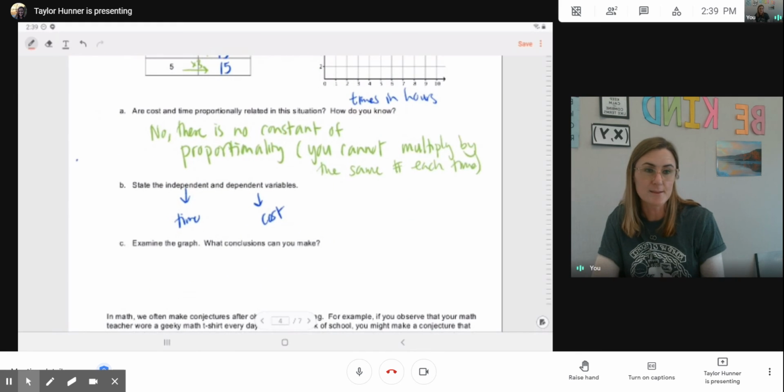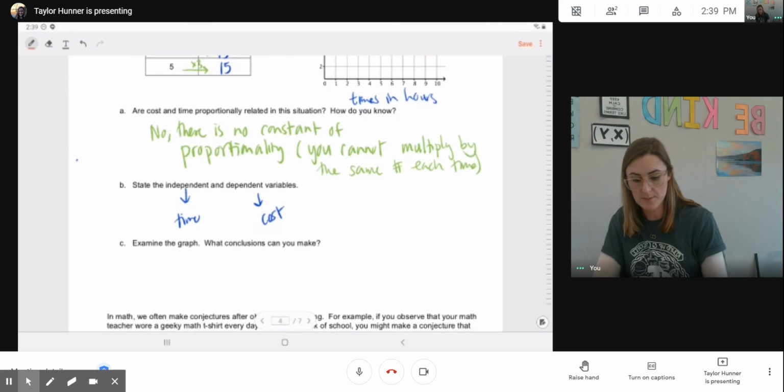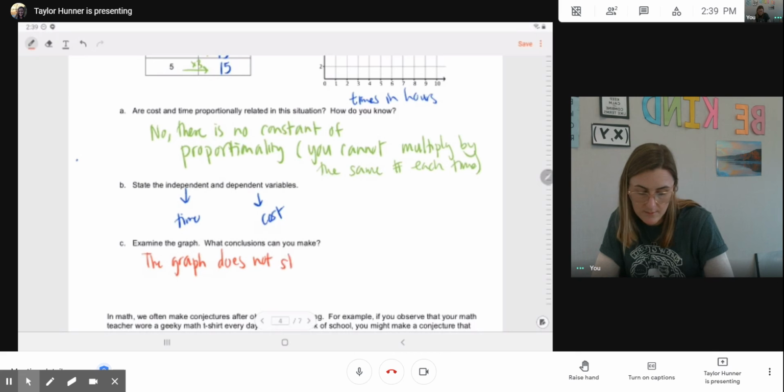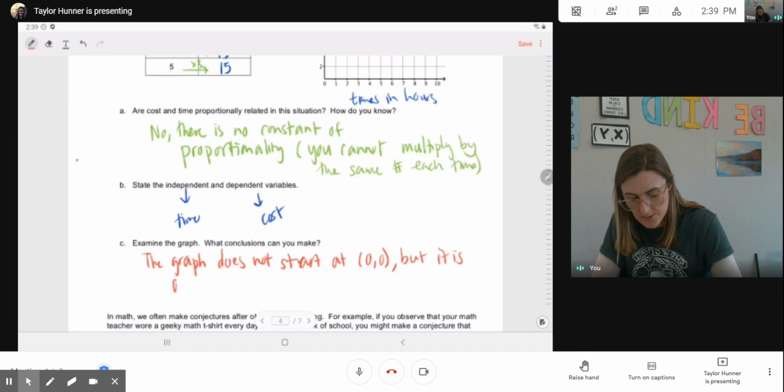That is representative of a non-proportional relationship. So I'm going to say the graph does not start at 0, 0 or the origin, but it is a straight line.